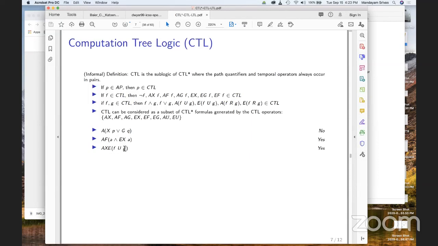Although it is removed, because this is a binary operator, this E is associated with U, and therefore it satisfies the constraint that the temporal operator has to be immediately preceded by a quantifier. How about this?